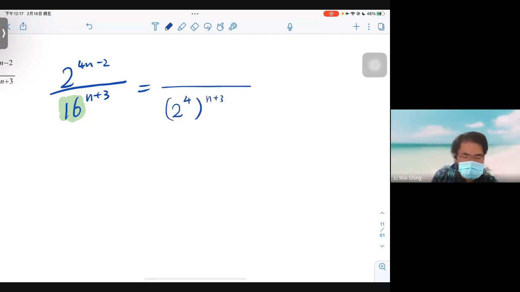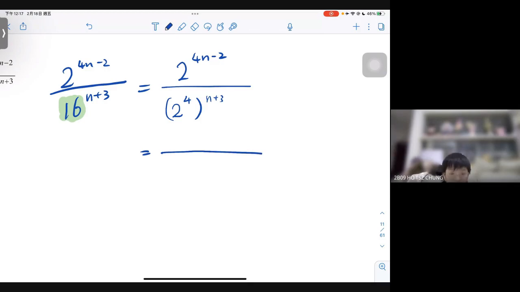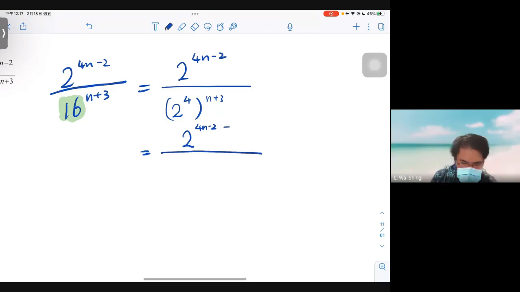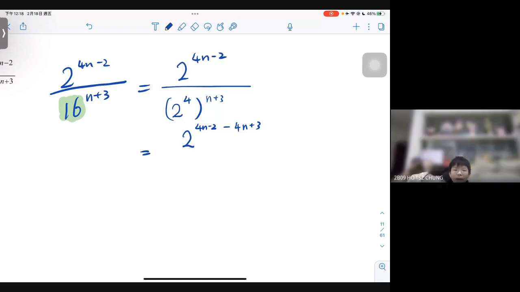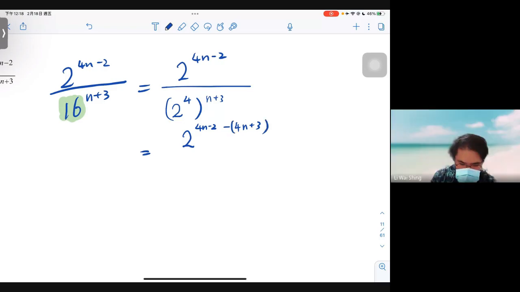Can you help me to do the rest of the work? 2 to the power of 4n minus 2 minus 4n plus 3. Is it like this? A bracket, or the bracket?